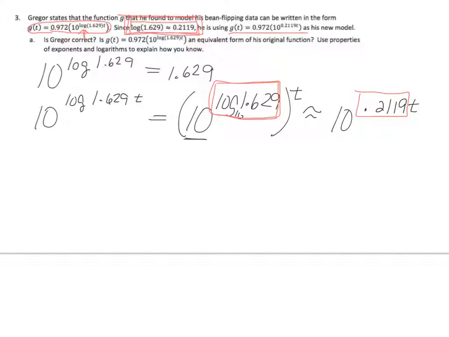Check. And next step, 10 raised to the log 1.629t is the same as 10 raised to the log 1.629, take this in parentheses and put the t out there. Right here, I can replace this with an actual number because of what we set up here. You can get a calculator out and crunch that number very easily, right?